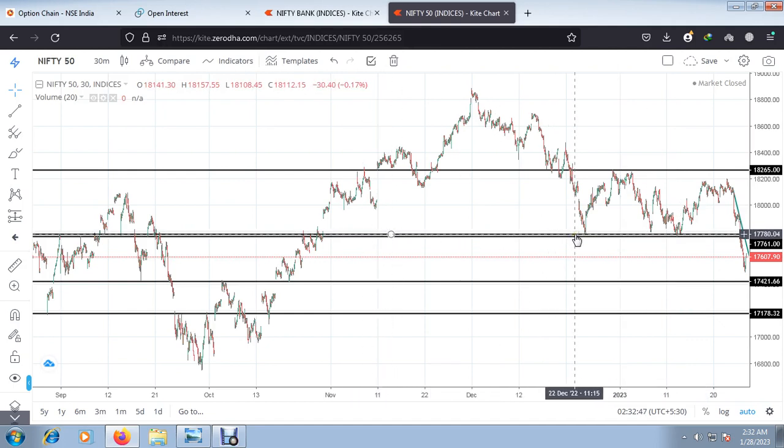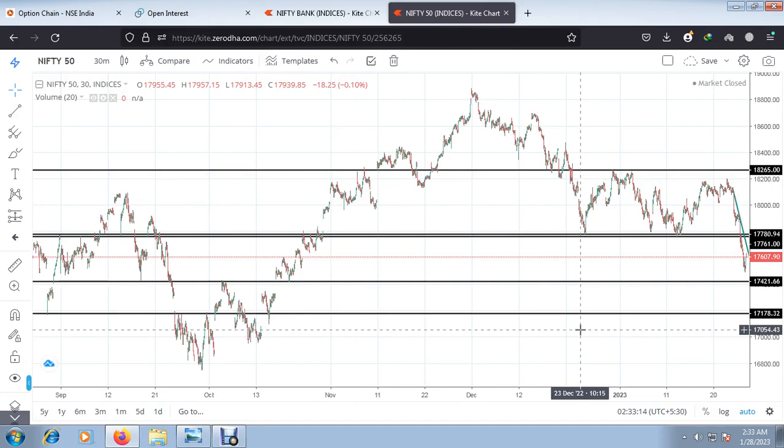That line should also act as both support and resistance, touched from both sides. Like in this line it is acting as support, support, support. Here also resistance, resistance, resistance. Here in this line also resistance, and here support. Like that it should be drawn, and you should check different time frames.